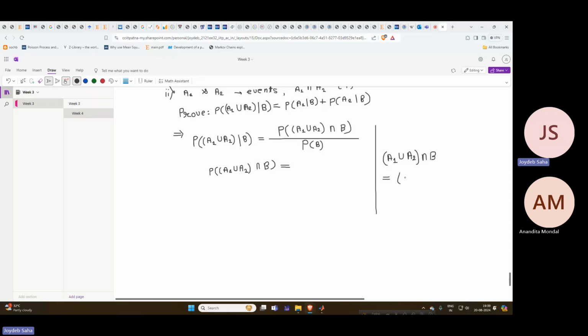This is A1 intersection B union A2 intersection B. Can you write this?